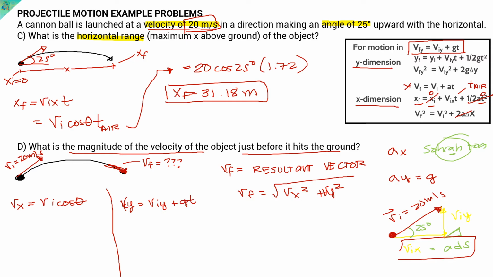Sir, why is there no T here in our VFX? Sorry, this should be VFX. Sir, why is there no T? Why? Because if we're going to look at our formula here, this is our formula in searching for the velocity on the x-axis. And in our story, there's no acceleration, right? We have defined it a while ago. If the acceleration here is 0, that will always be 0.